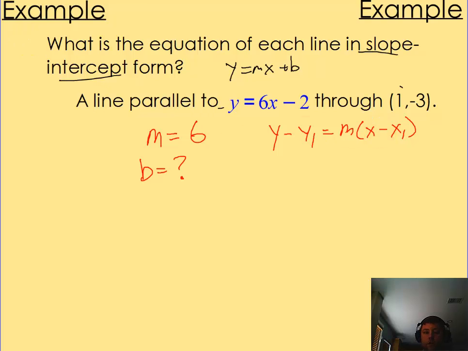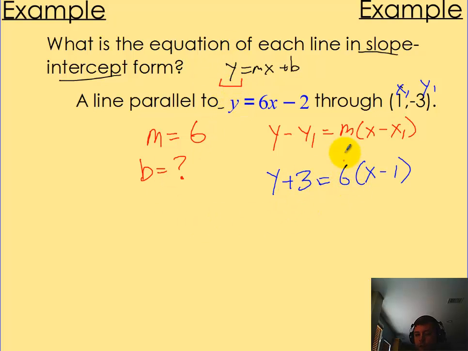So I'm going to plug in what I know first. So it's going to be y, and I'll call this x1 and y1. So y minus -3, so +3, equals m, which is 6, times x minus 1. So this is point-slope form. But I can convert this to slope-intercept form by just distributing and doing a little bit of math, because the goal with slope-intercept form is to isolate the y.